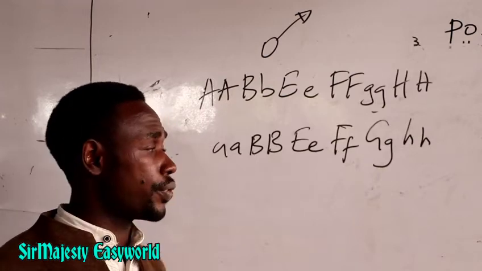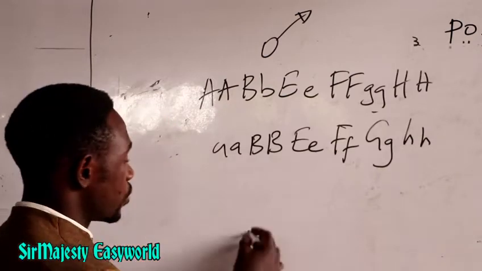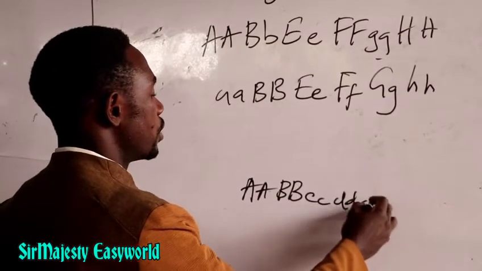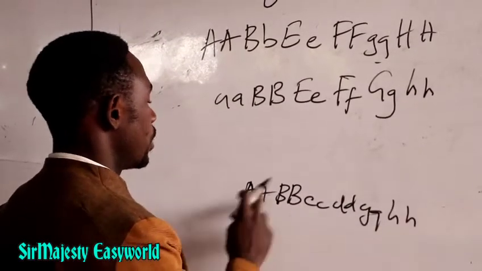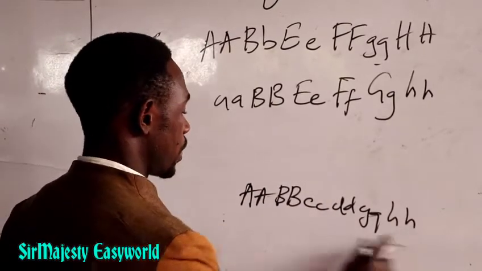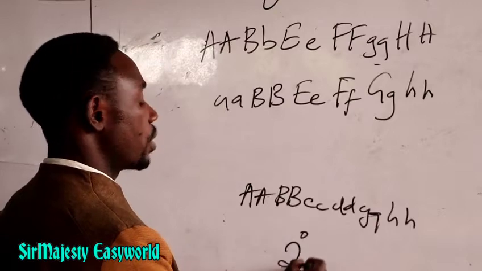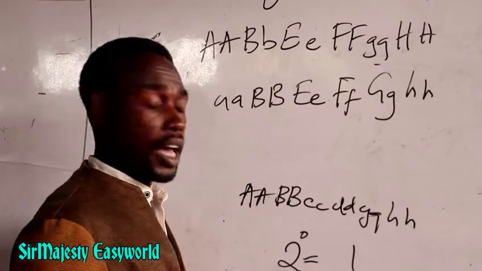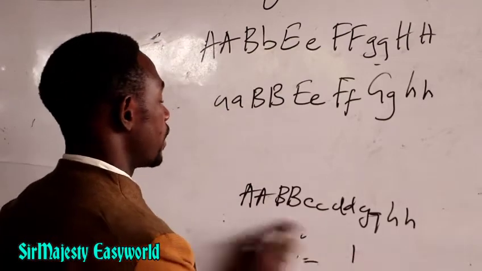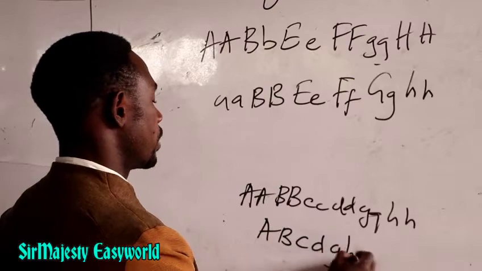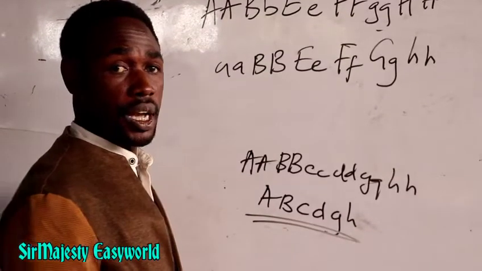Let's assume A, B, B, C, C, D, D, G, G, H, H. We have 0 heterozygous allele, so we have 2 raised to power 0. And remember, every number raised to power 0 should be equal to 1. That means the only possible gamete this one can get is nothing but A, B, C, D, G, and H. That's the only gametes they can give.